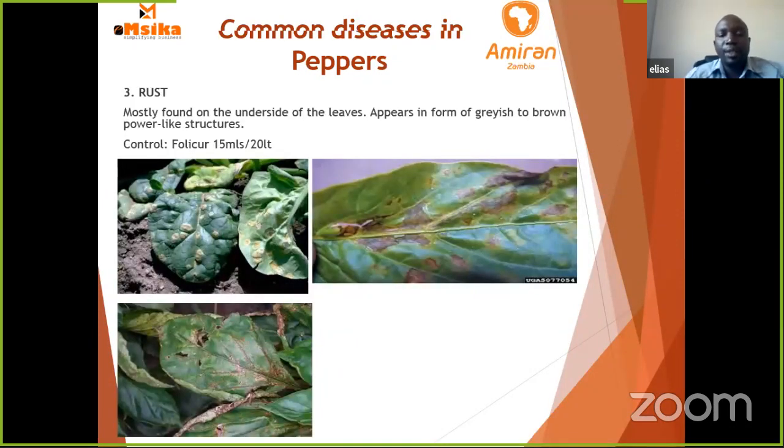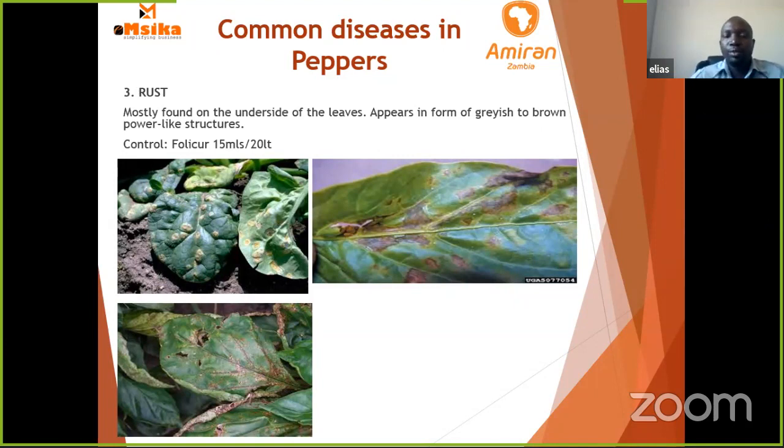The other disease that we look at is called rust. Mostly it is found on the underside of the leaves and appears in the form of grayish to brown powder-like structures. If left unattended, it may even end up drying the whole leaves, and once the leaves are dry, there's no life on that crop.